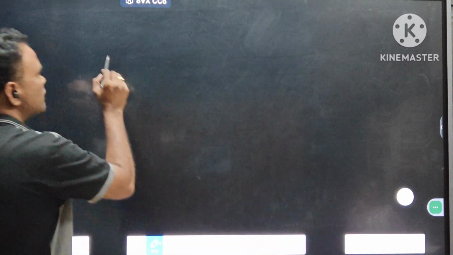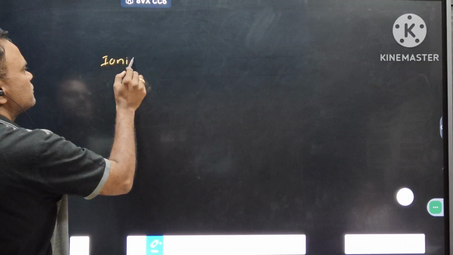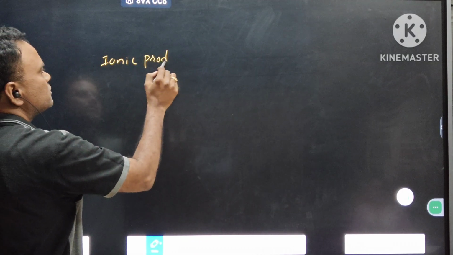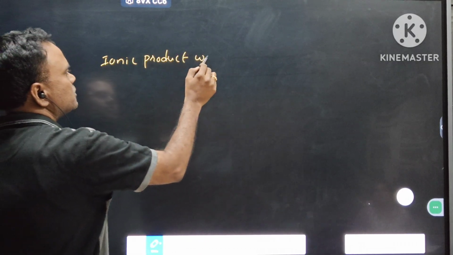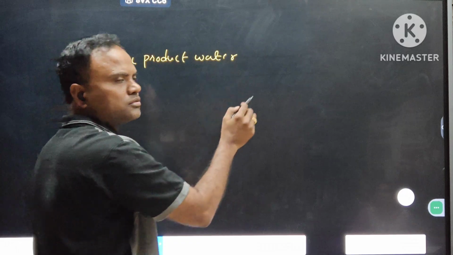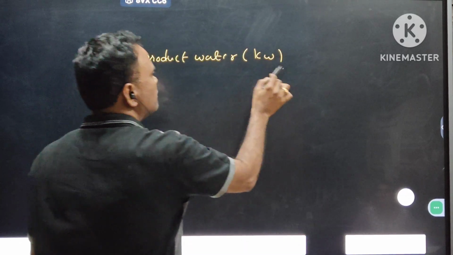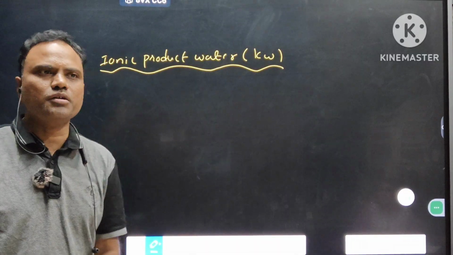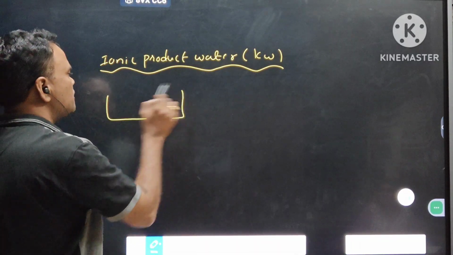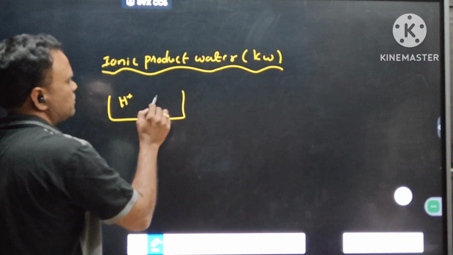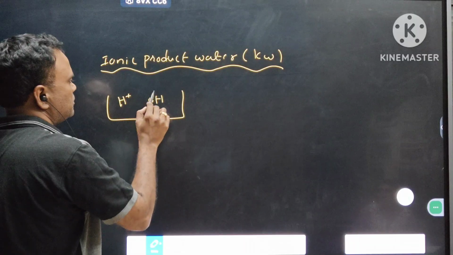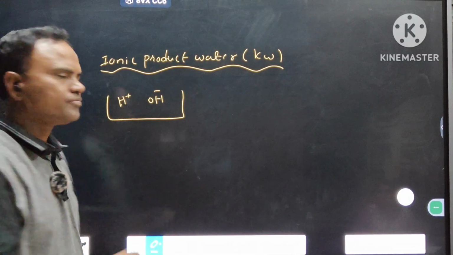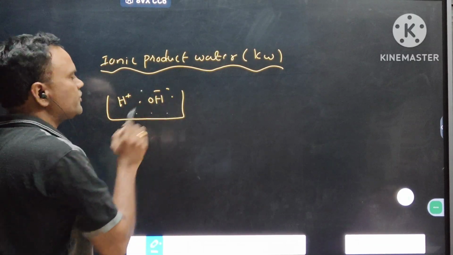Next, what is ionic product of water? What is the symbol for ionic product? Ionic product symbol is Kw. What is the definition of ionic product? It is the product of concentration of H plus and OH minus present in water at 25 degrees centigrade.